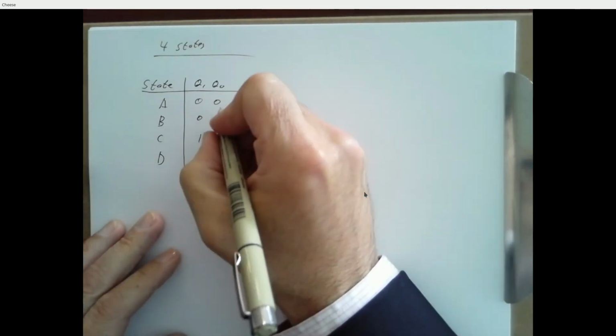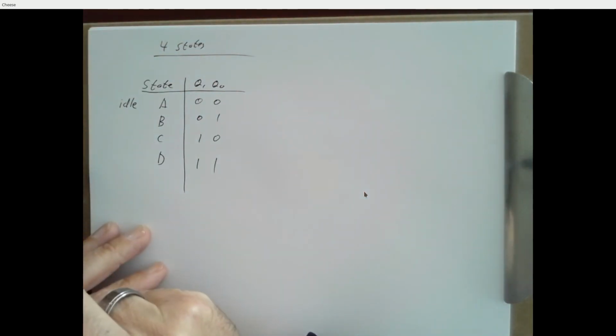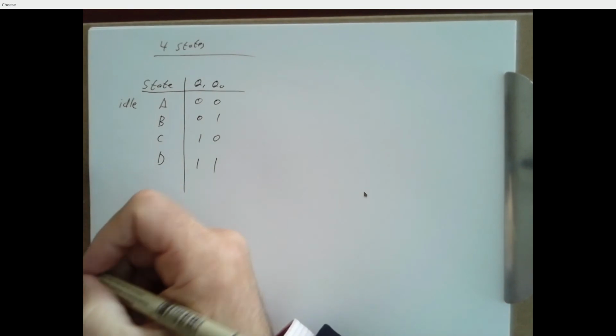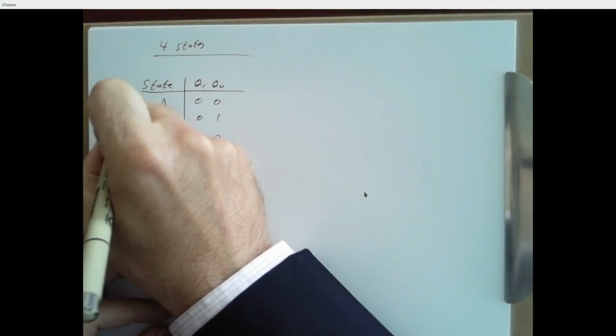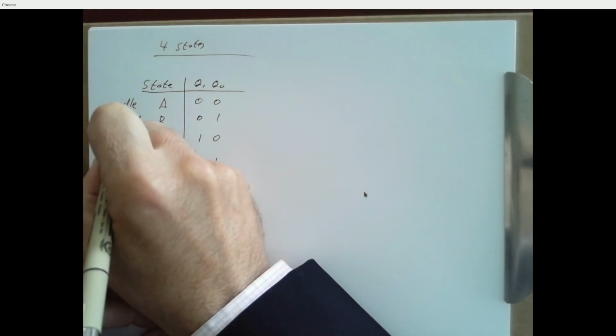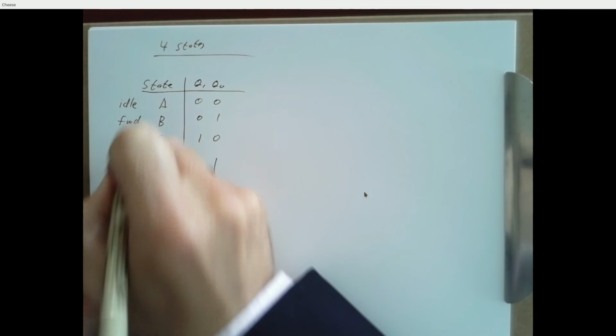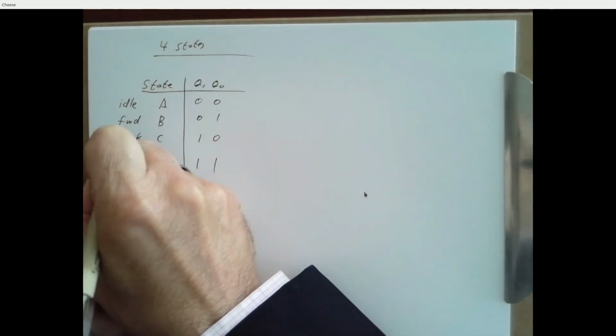Suppose that state A is the idle state. Say we're controlling a motor, okay? A is the idle state, B is the state when we want to run the motor forward, C is the state when we want to run the motor backwards, and D is the state when something goes wrong, and that's the emergency state.